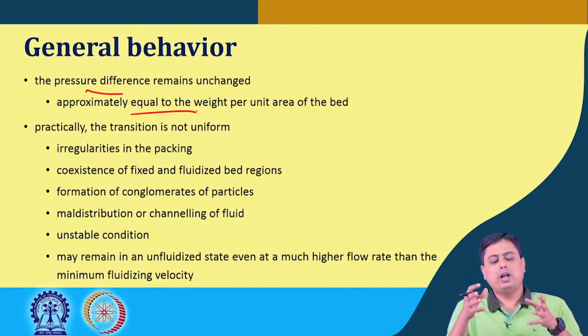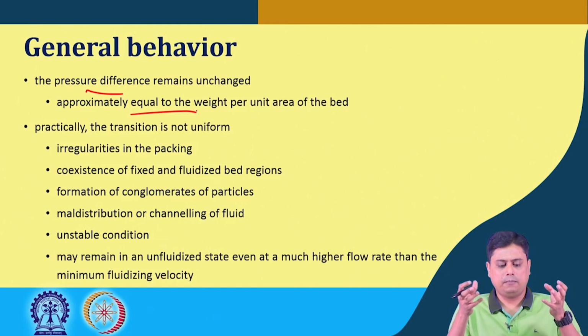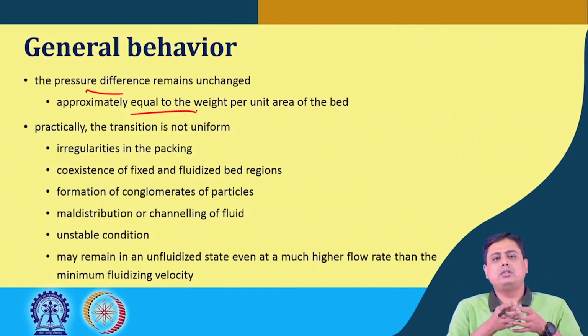This introduction of these agglomerates, aggregates, okay, actually also leads to the maldistribution or channeling of the fluid that is flowing upward, because this fluid always tries to go through the path where there is less resistance to flow.